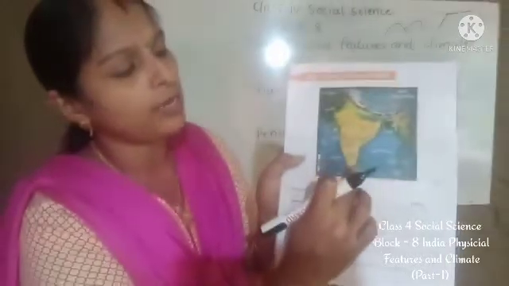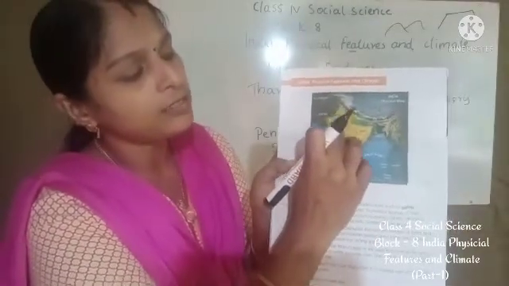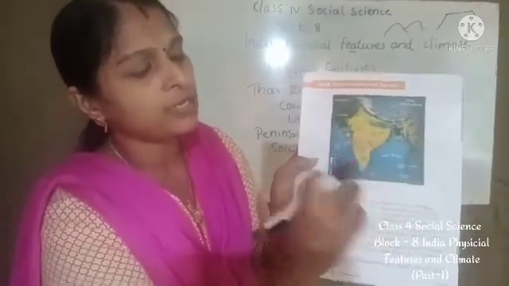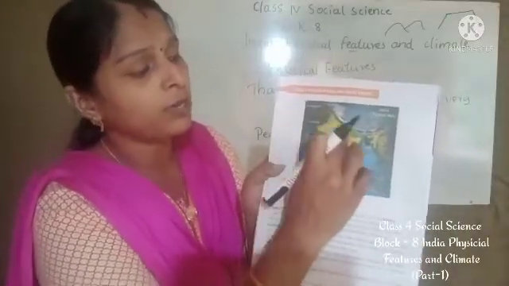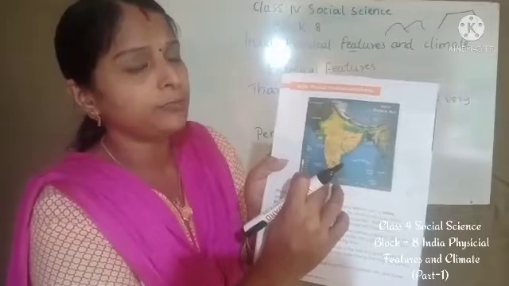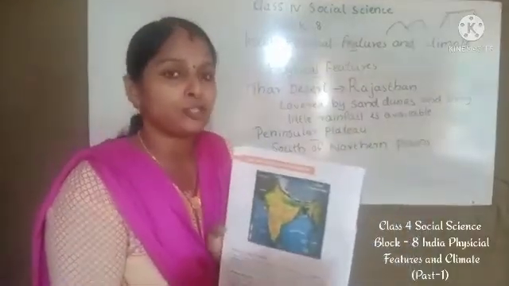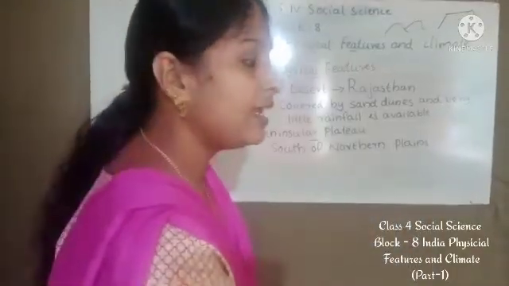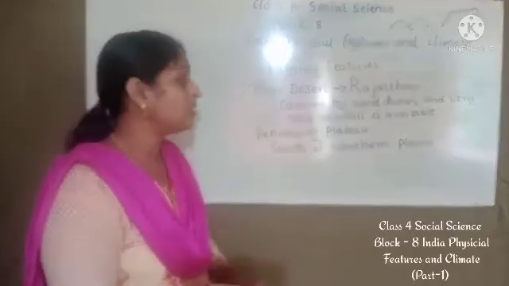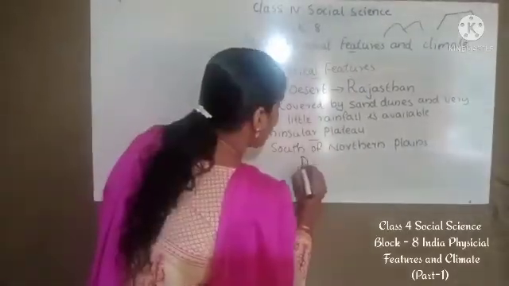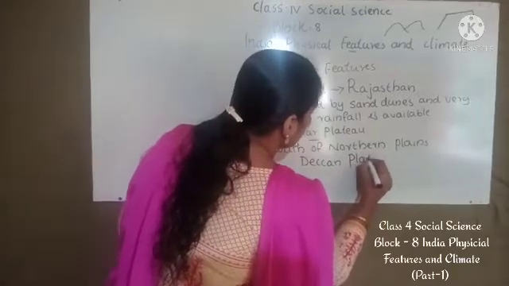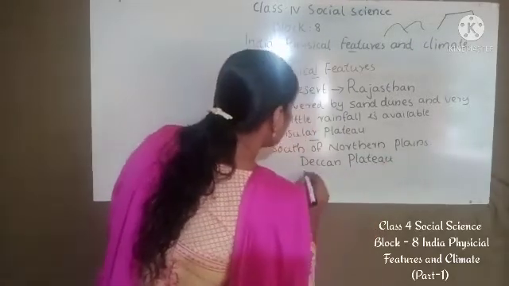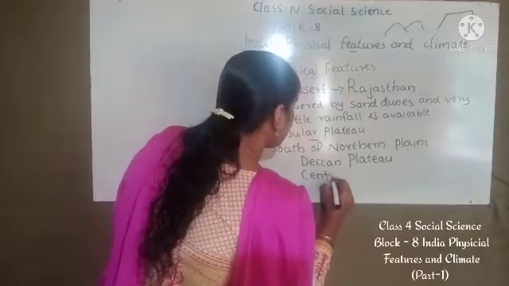This whole area you can see here, this brown colored, triangle shaped area, is the plateau. Plateaus are mainly divided into two. Which are the two divisions of plateau? Deccan Plateau and Central Highlands.